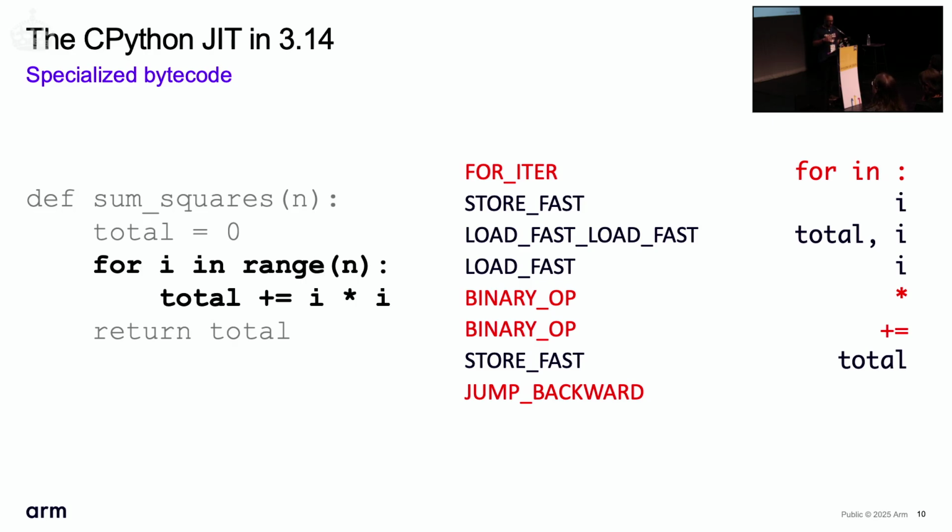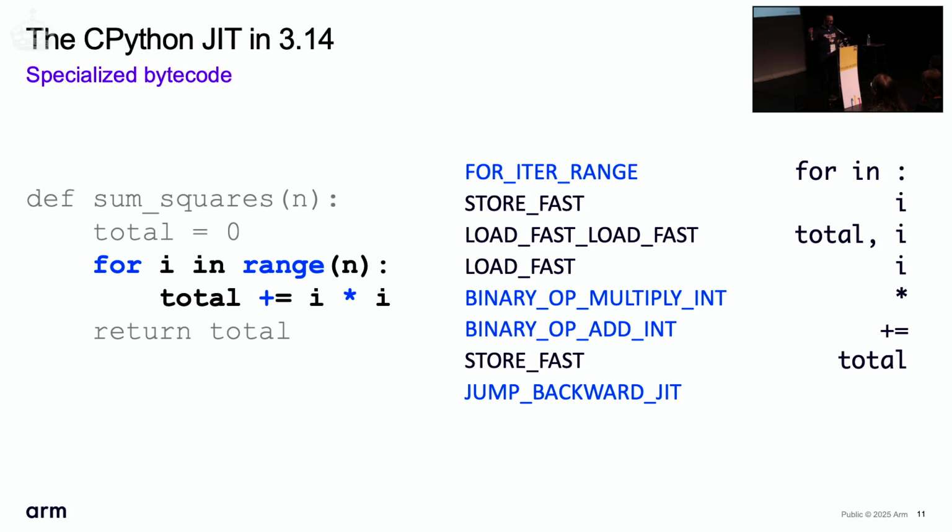As this function runs, the CPython interpreter starts rewriting the bytecode based on what it observes at runtime. For instance, if n is an integer and it sees that i and total are always integers, it can replace the general BINARY_OP instruction with a faster type-specific variant.